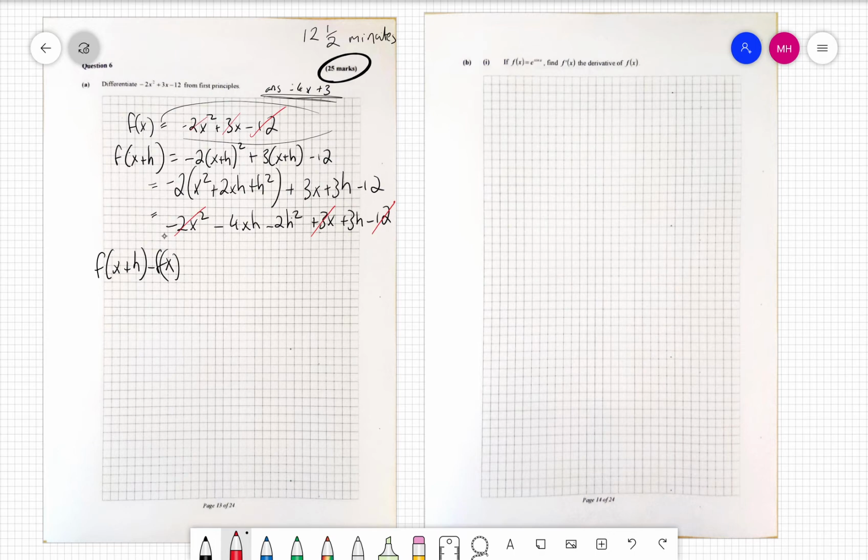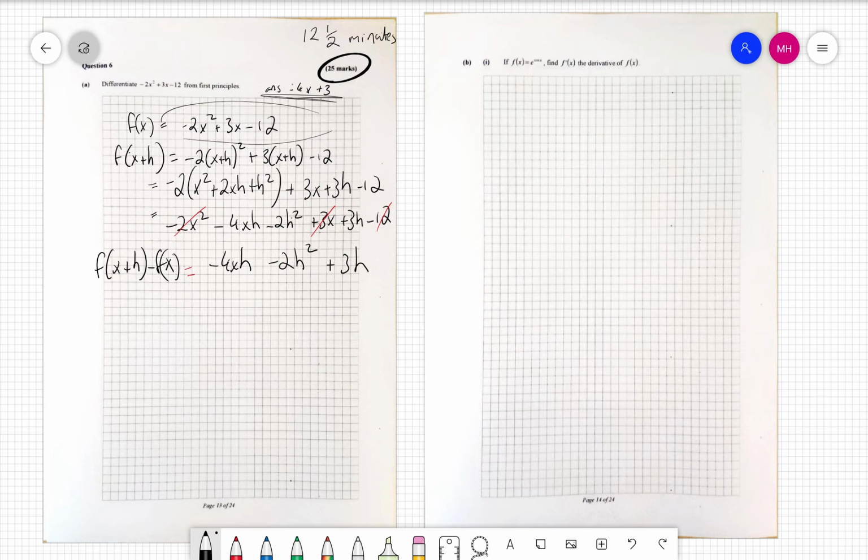So all of those end up cancelling for you. Okay, so that just leaves you with your minus 4xh, minus 2h squared, and of course this plus 3h over here.